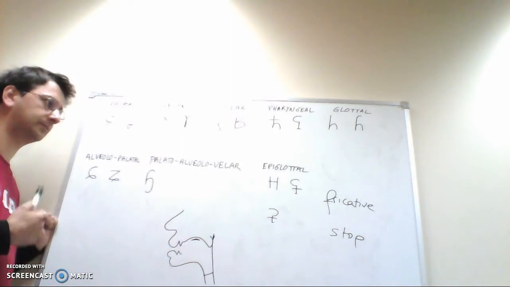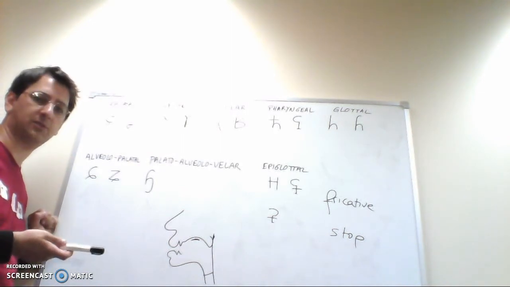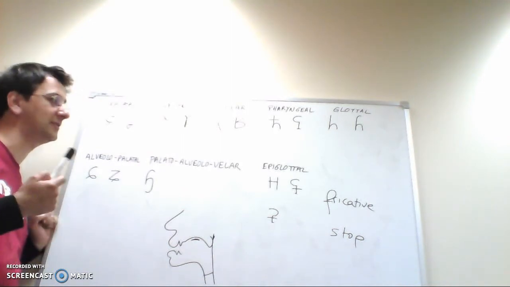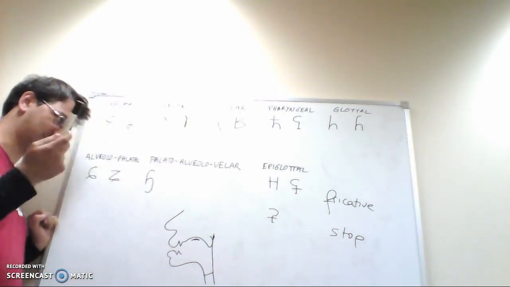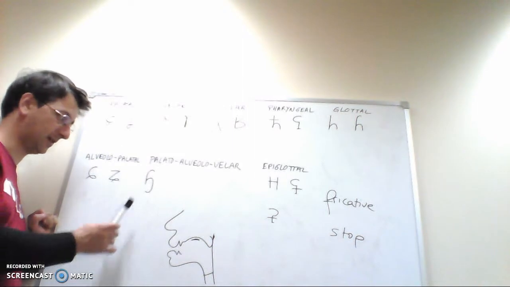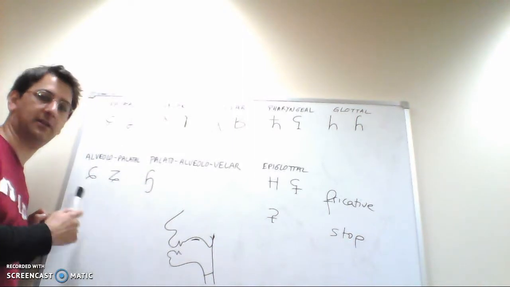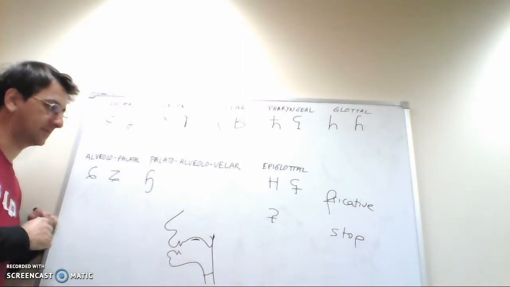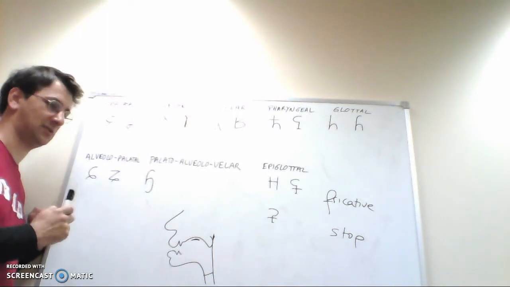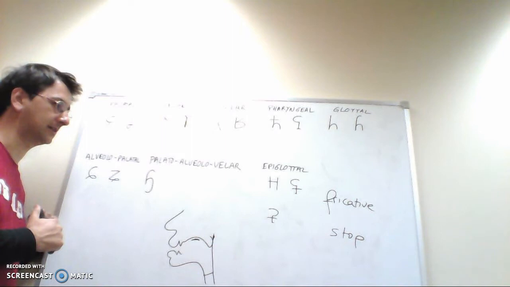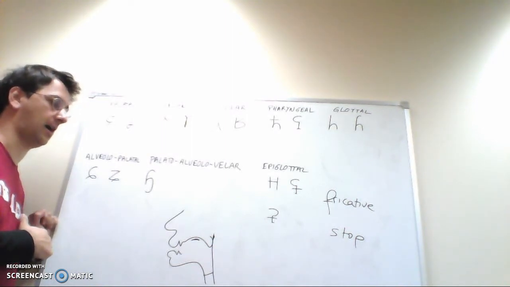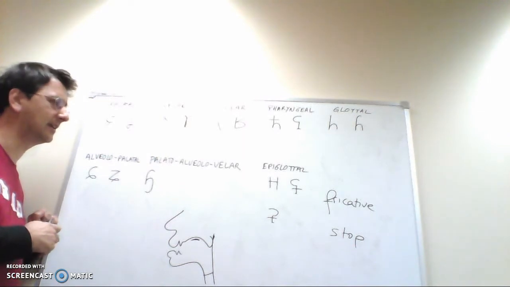And then the same explanation would be applicable to the palato-alveolar velar fricative, which is represented with this weird H with a hook on top and a hook down. This one's actually pretty difficult to produce. That would be sha, asha, asha, ash, or something like that.